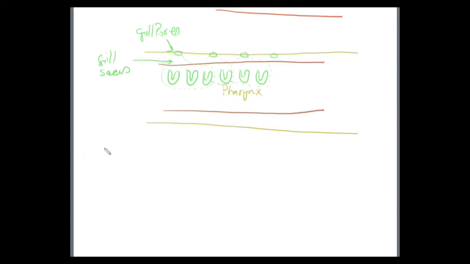So how does the animal respire? The water coming into the organism through the mouth goes through the pharynx to the gill slits, the U-shaped gill slits, the gill sac, the gill pores, and to the outside.